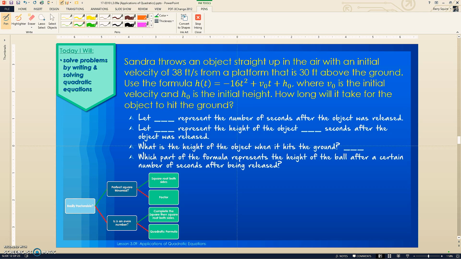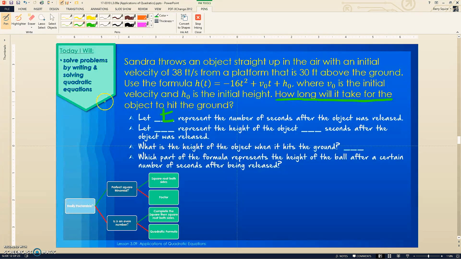We're going to use that formula and want to find out how many seconds it would take for the object to hit the ground. So she's throwing something up in the air, then it needs to turn and come back down to the ground. So we're going to let t represent the number of seconds after the object was released. That's how t was actually defined in this formula.